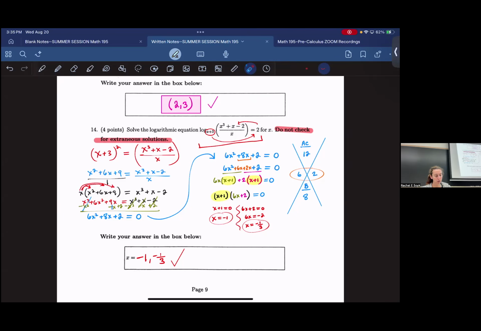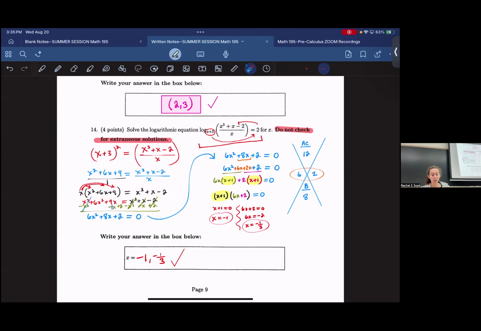Once you got to this stage in black over here, it was more just down to algebra and factoring again. Yeah. I understand logarithms and all that first step stuff, but I don't know how to use the AC method.